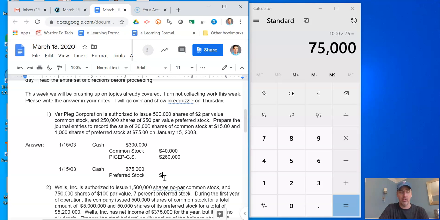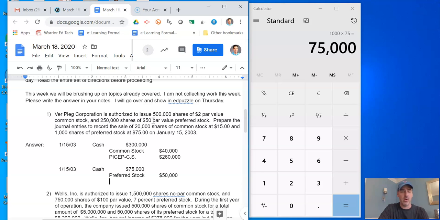So here we have 1,000 shares, and if the par value is 50, 1,000 times 50 would be 50,000 that goes in the preferred stock account, and then the paid in capital excess of par preferred stock would hold your remaining 25,000. So 25,000 went over the amount there, and that's the answer to number 1.